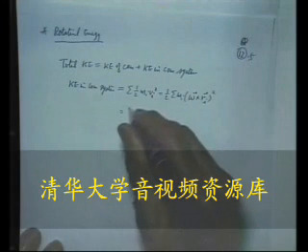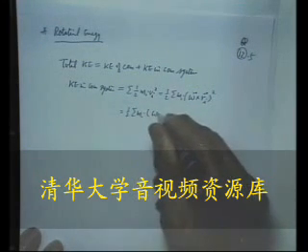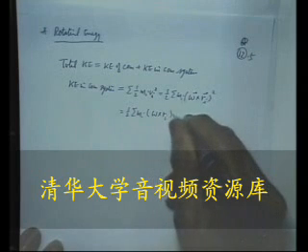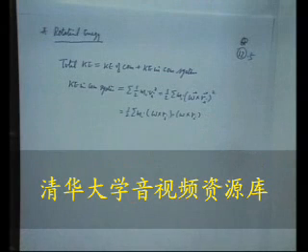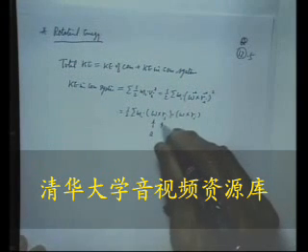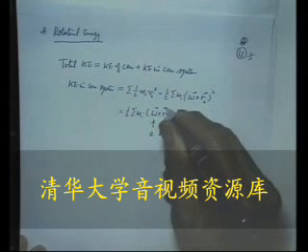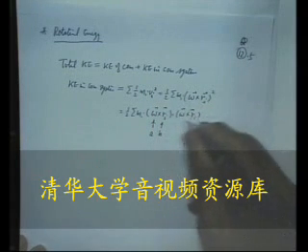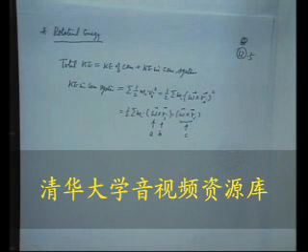Or I write it as 1/2 summation MI omega cross RI dot omega cross RI. Now let's call this A, call this B. Call this whole thing C. It is A cross B dot C.